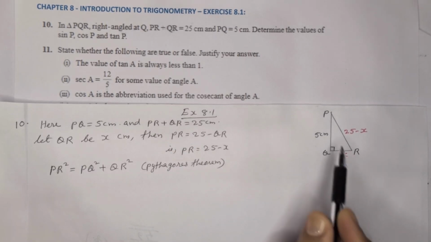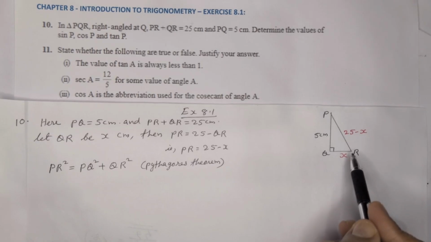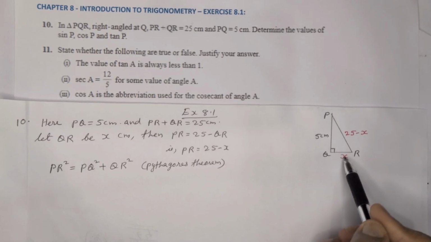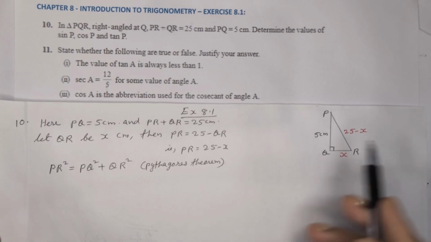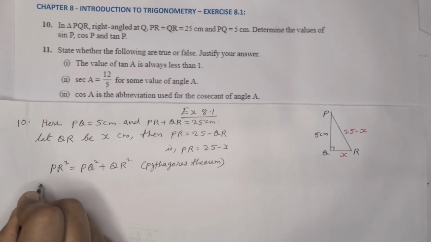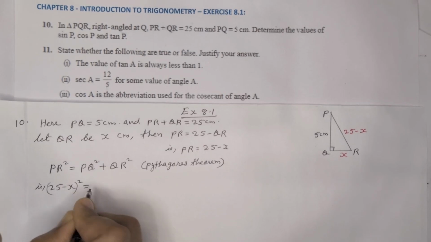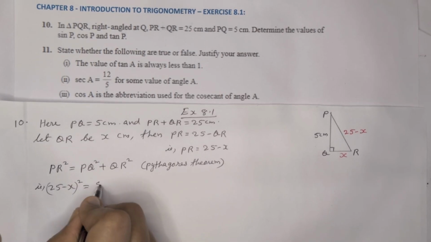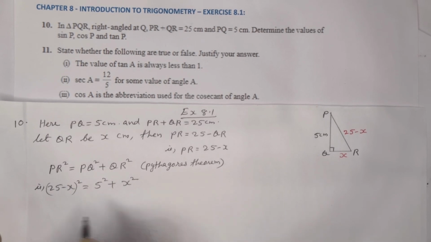So 25 minus x. Now by Pythagoras theorem, hypotenuse square is equal to altitude square plus base square. So here hypotenuse is 25 minus x. So we can write 25 minus x the whole square is equal to PQ square, 5 square, plus QR, means x square.